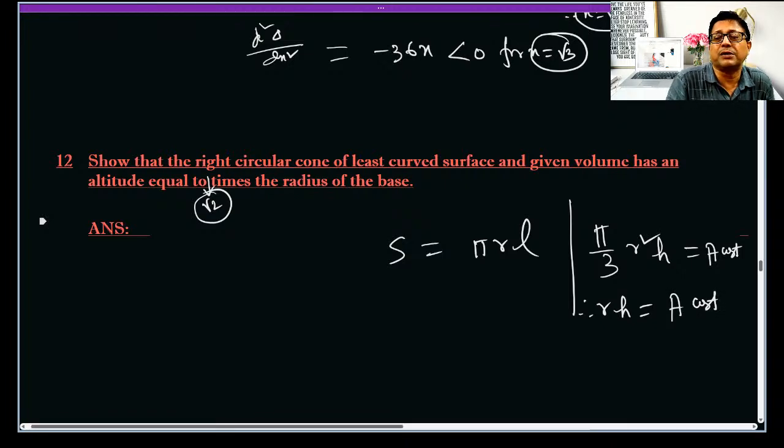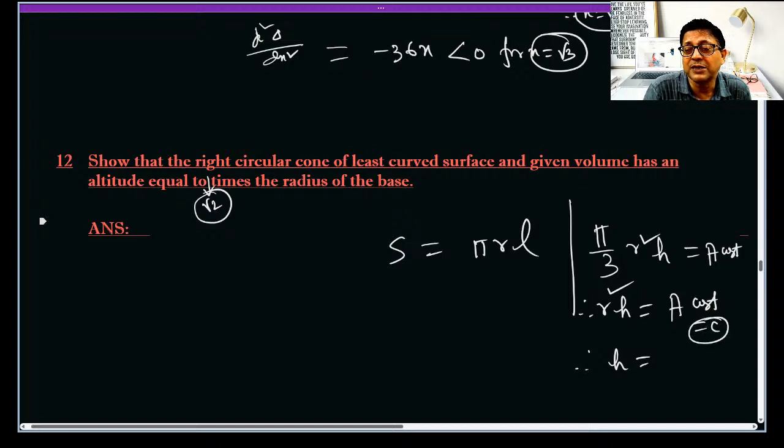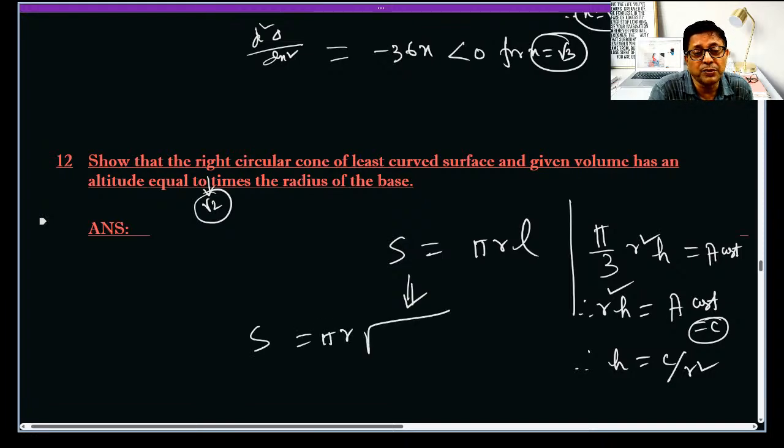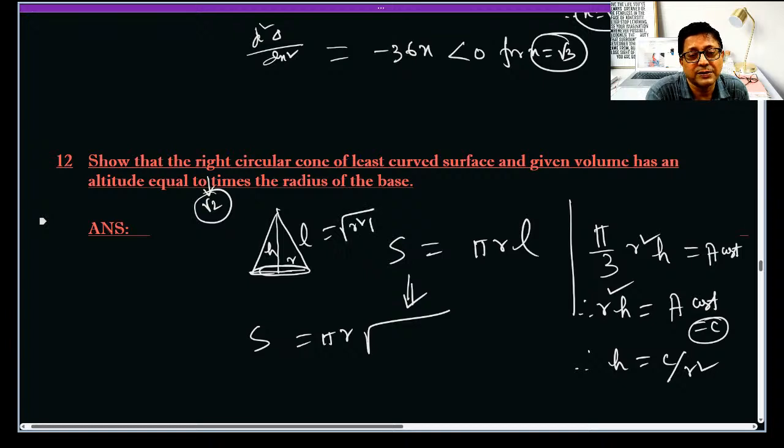I quickly remind you of the concept, because pi by 3 is constant; this technique we have used earlier also. So H will be C divided by r square. Now curved surface area is pi r L, where L is the slant height, root over r square plus H square. Put it there.